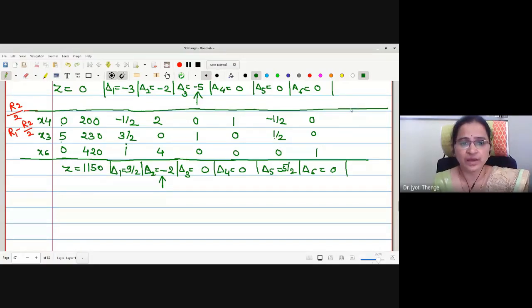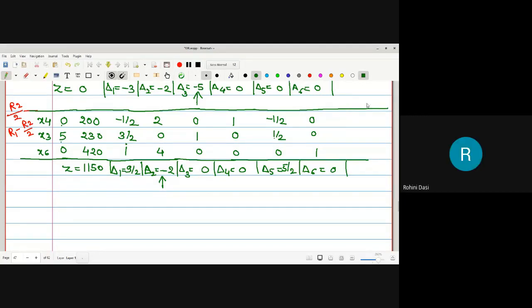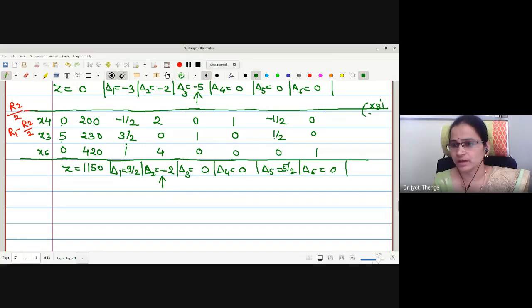It is xbi upon xi2, that is, the xb column upon the x2 column, for all the positive entries of the column. Here the middle entry is 0, therefore let me drop this middle entry. We will calculate for the remaining.